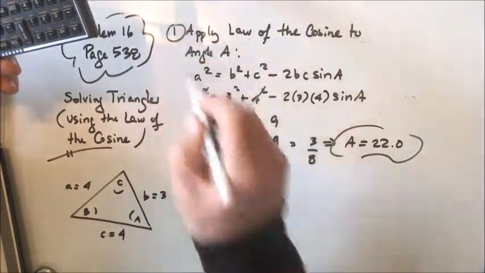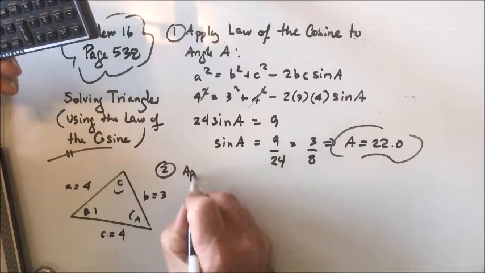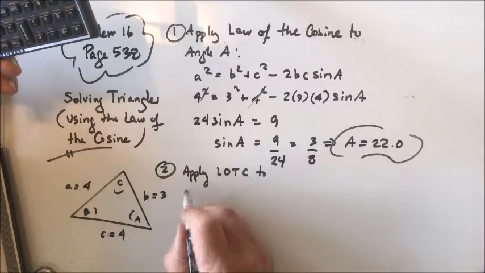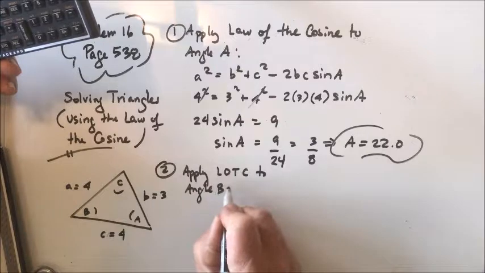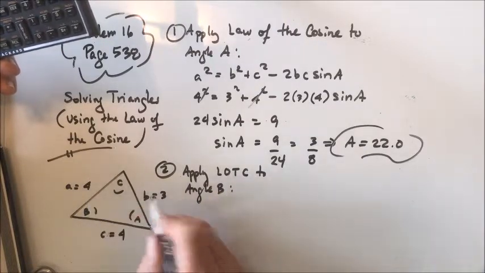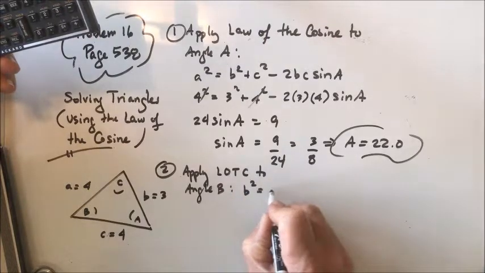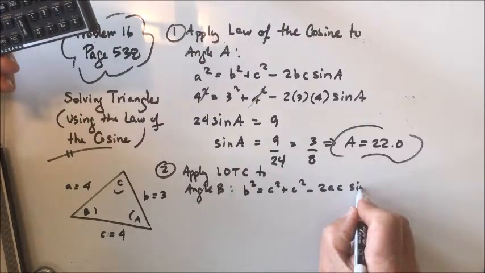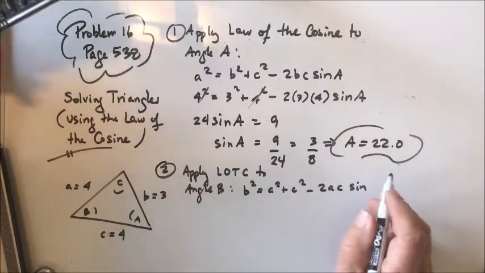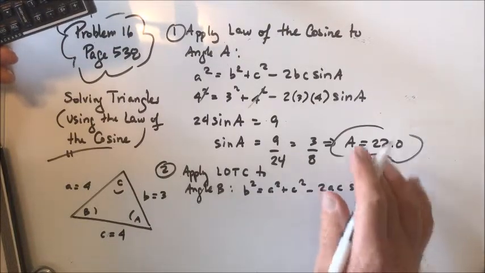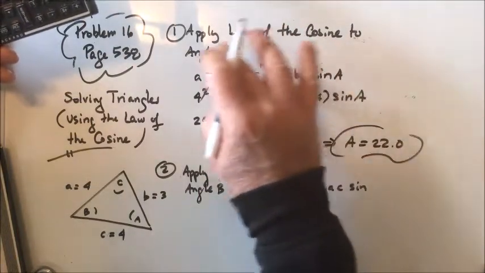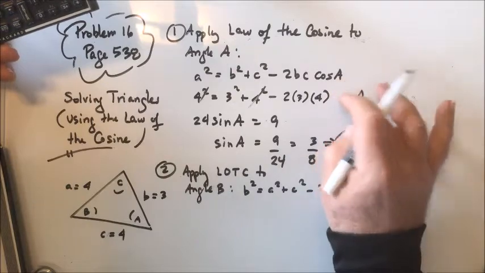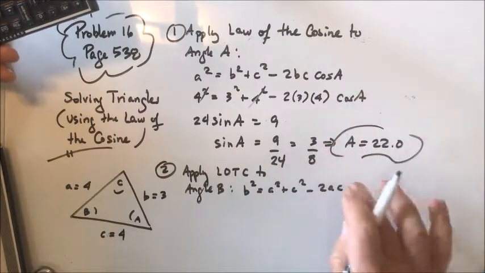Let's apply the law of the cosines to angle B. Angle B is between A and C, and it's across from side B. B squared is equal to A squared plus C squared minus 2AC sine, what are we doing? I did sine. Duh. Sorry, this is a cosine right here.